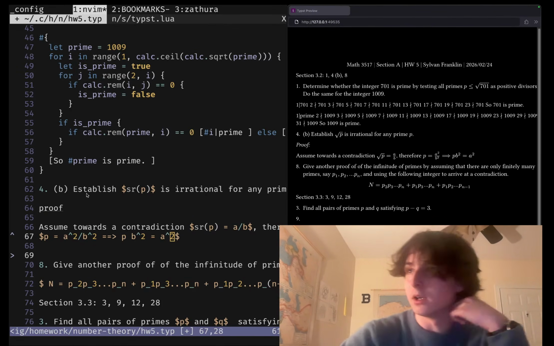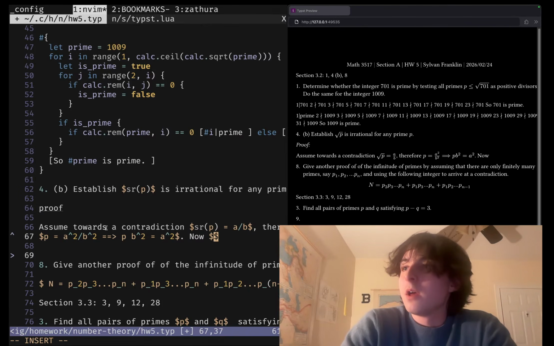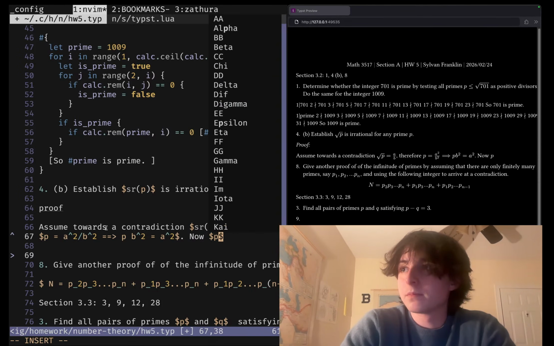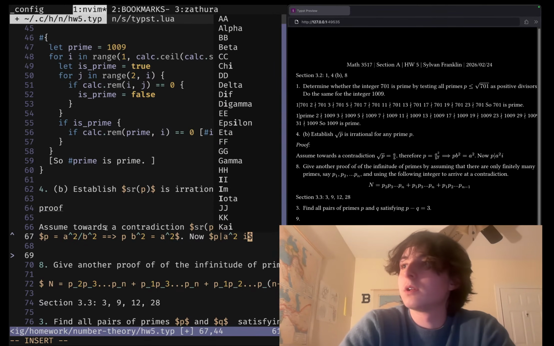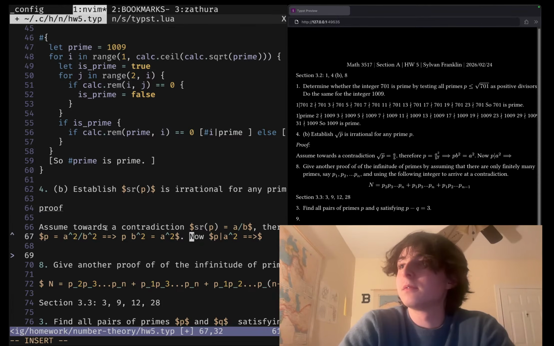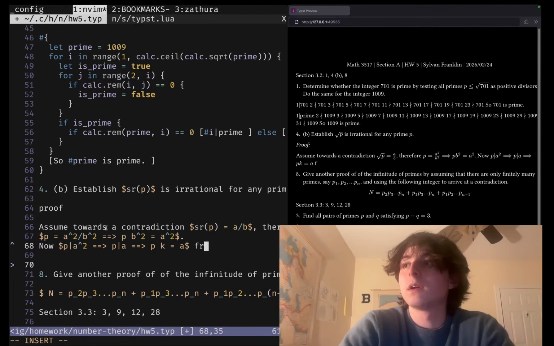Yeah, I think I like... implies p divides a squared implies p divides a, implies a equals pk for some k.